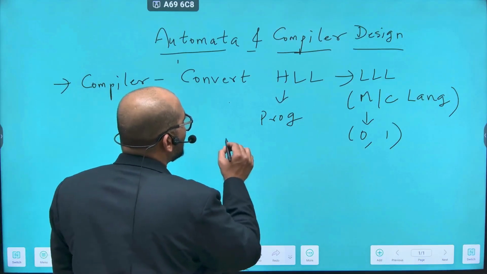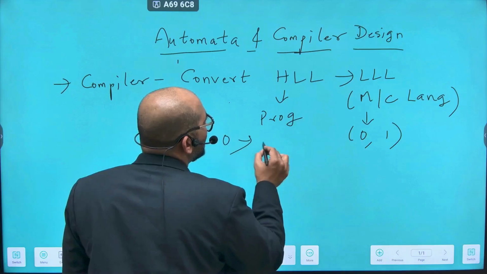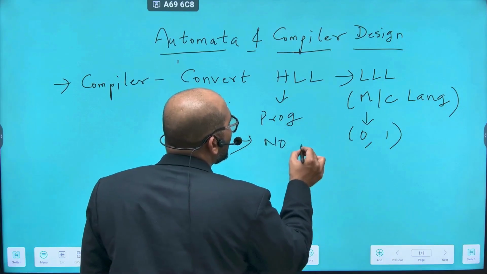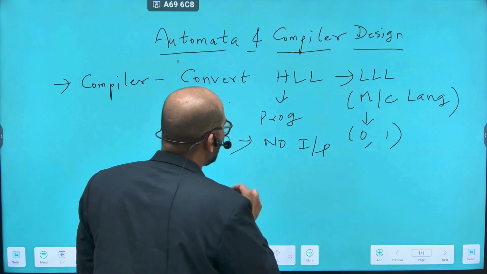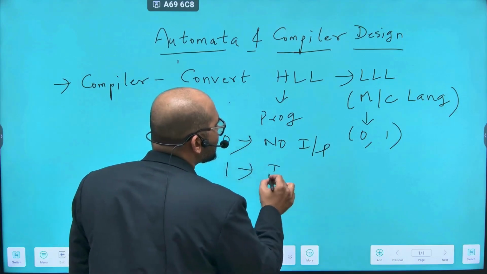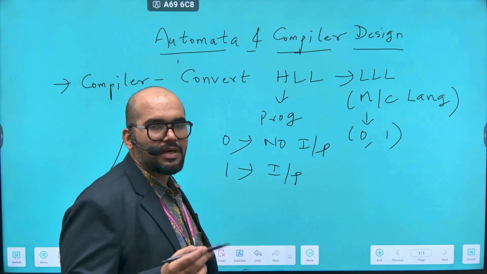0 means there is no input, and 1 means there is some input. That is the meaning of 0 and 1.